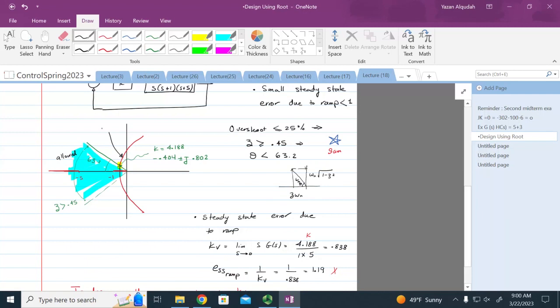I'm going to be operating here if K is greater than 4.188. And if it is here, then the overshoot is no longer going to be less than 25%.